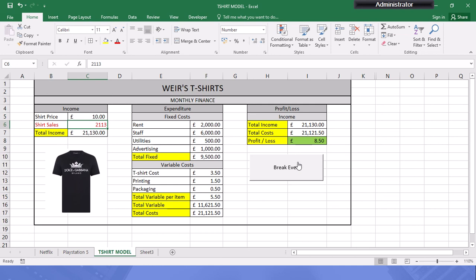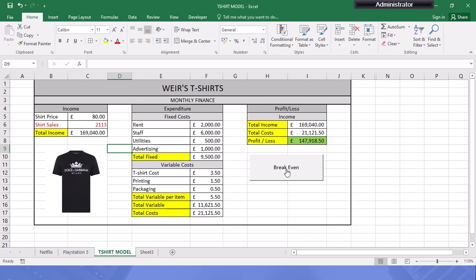That is why break even is so useful, because we can decide on our sale price. So if it was a really expensive t-shirt like £80, Dolce & Gabbana might sell a t-shirt for £80, probably still only cost them about £5.50 to make it. They are making a massive amount of money.